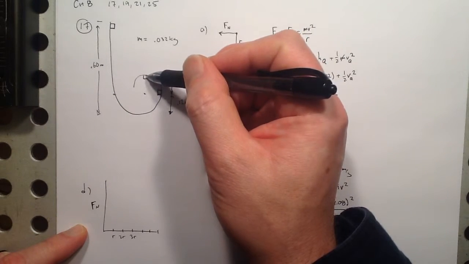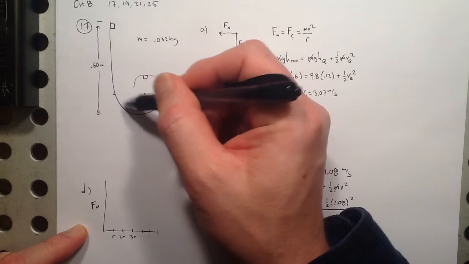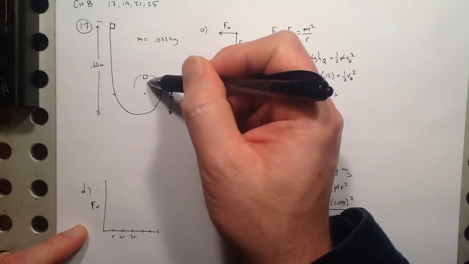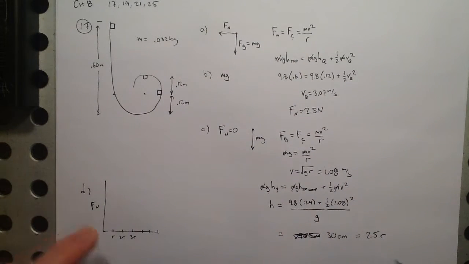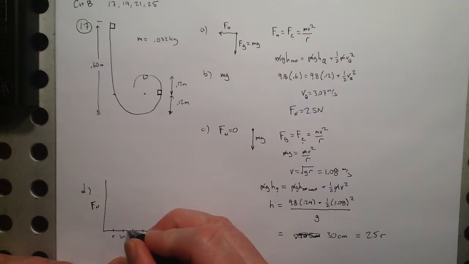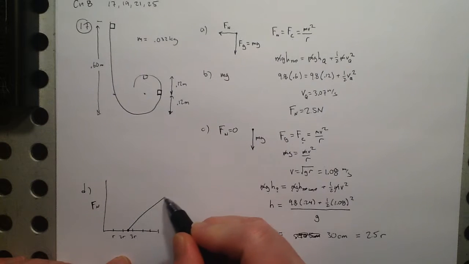So it's never going to make it to the top of the loop. You release it from here, it won't have enough velocity, it'll fall out of the loop. And what we just showed here is that 2.5 R is the place where you get zero normal force. And then from there, it increases.